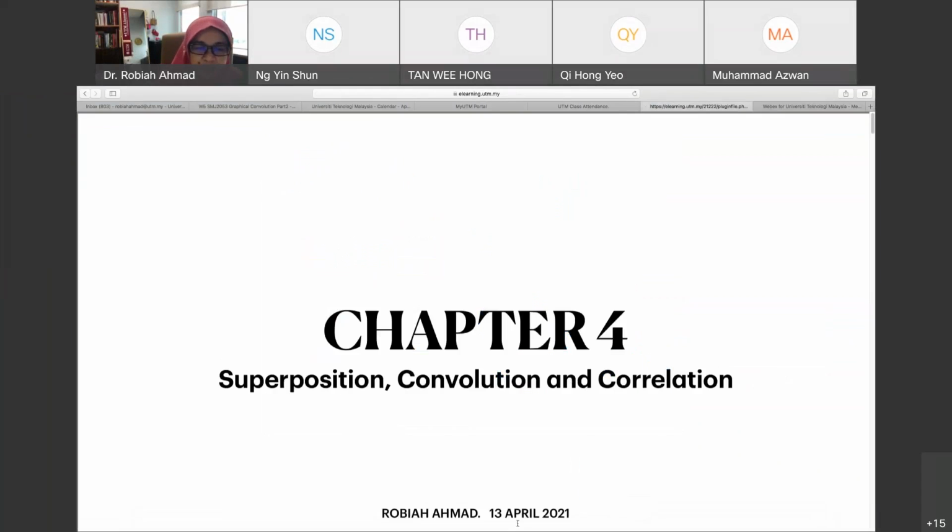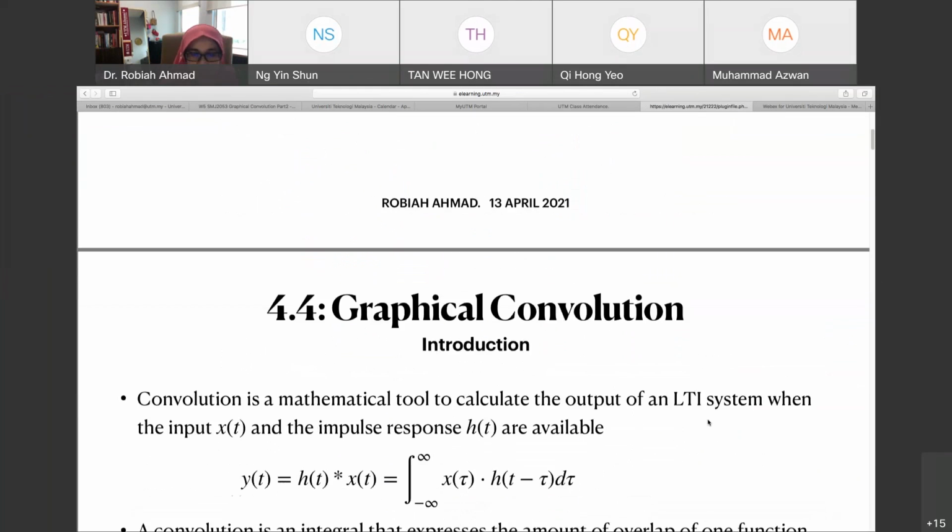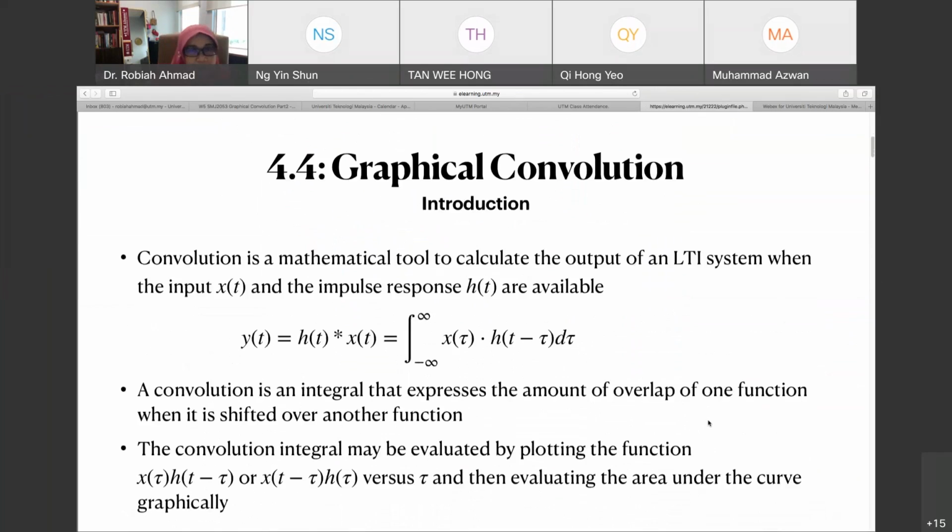Okay, so the topic, if you refer to our textbooks, is in chapter 4: superposition, convolution, and correlation. We learned yesterday that for graphical convolutions, there is a mathematical equation for that. Convolution is a mathematical tool to calculate the output of an LTI system when the input and the impulse response are available.